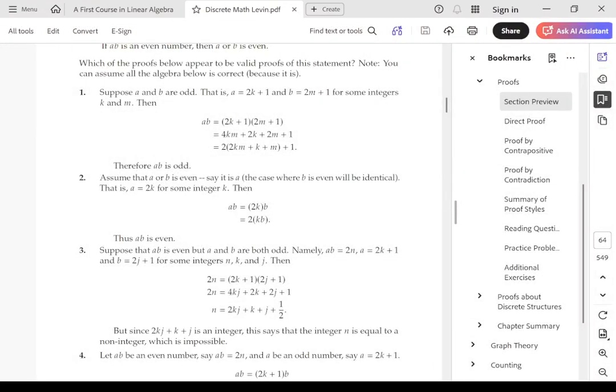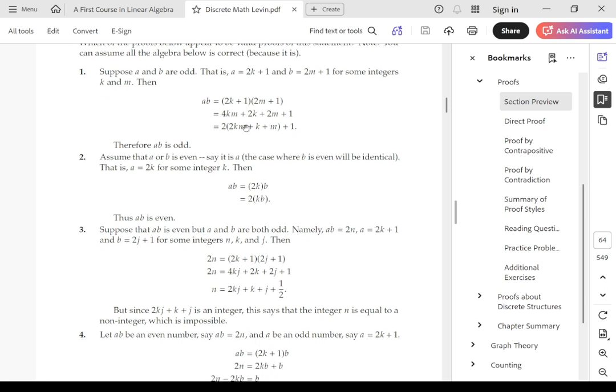All right, looking at this, this actually does look like a valid way to approach this problem, because we're proving the contrapositive. If the contrapositive is true, then the implication is true. So they take A as 2k plus 1, odd, and multiply it out, do a little factoring, taking a factor of 2 out of these values.